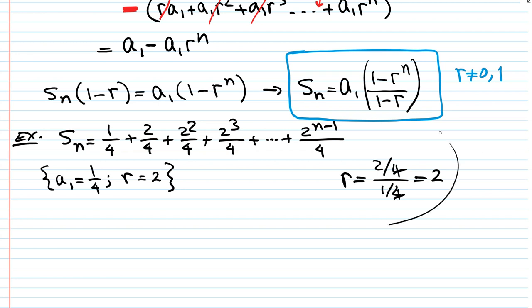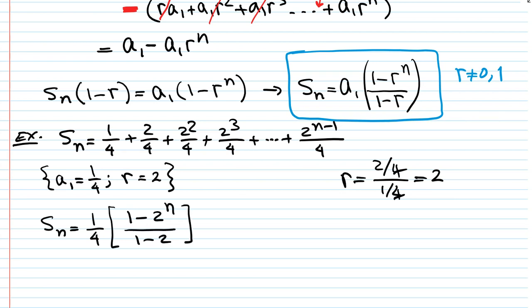Now I'm going to use this formula. Okay. S sub n is going to be a1, which is 1/4, times, in the numerator, 1 minus the common ratio 2 to the n, divided by 1 minus 2, which is 1 minus r. Correct? And 1 minus 2 is -1. I'm going to put the -1 in front of the fraction.